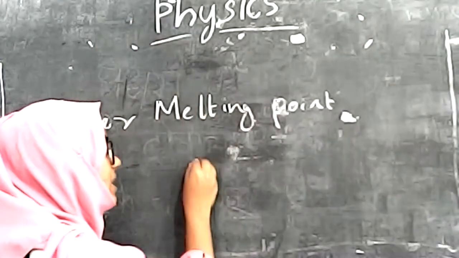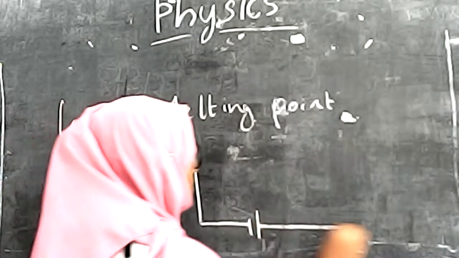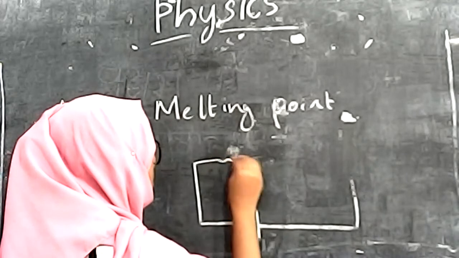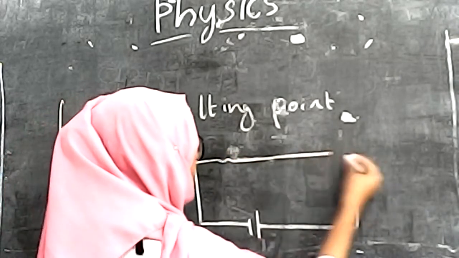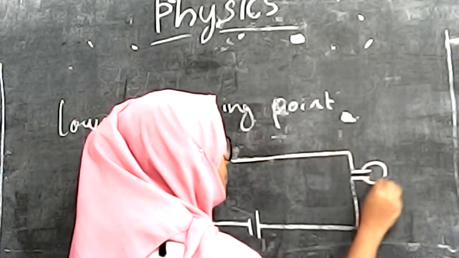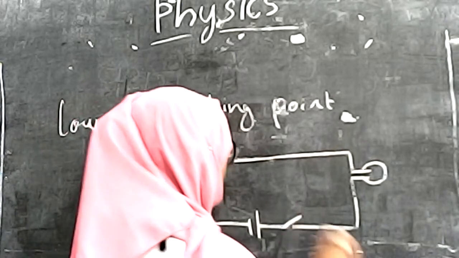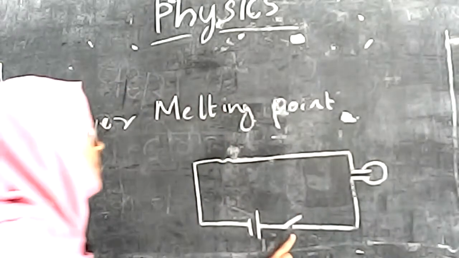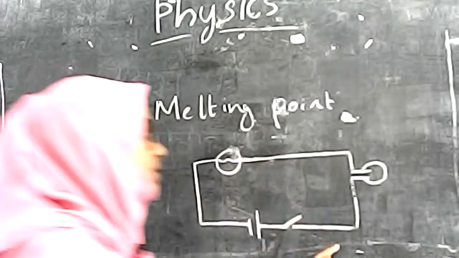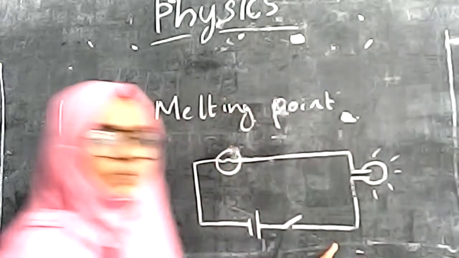Let us consider a circuit containing a bulb. When we switch on this circuit, electricity passes through it and the light comes on.